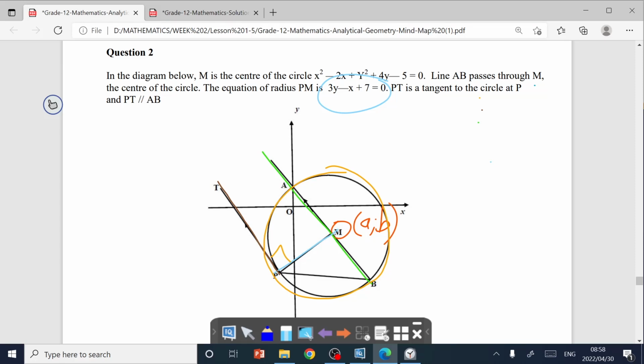PMB is equal to? Yes. Guys, you're doing well. And then what else can we say?